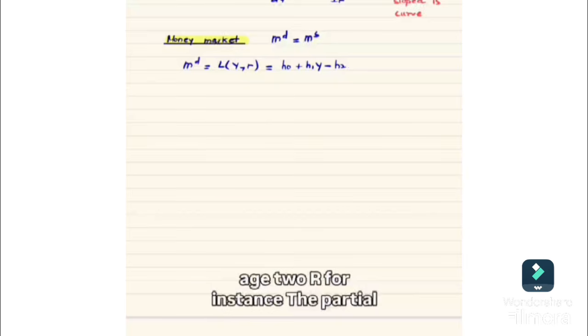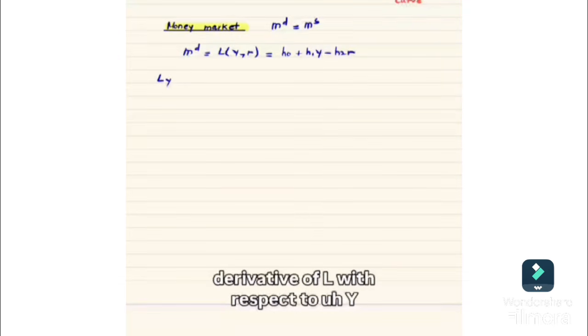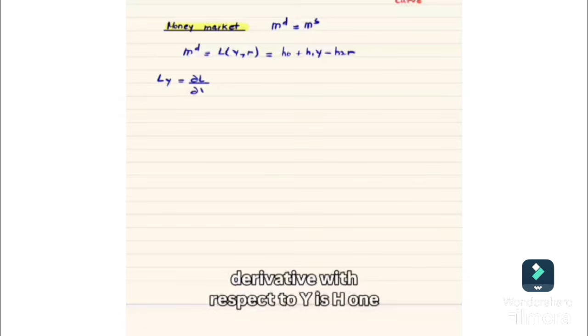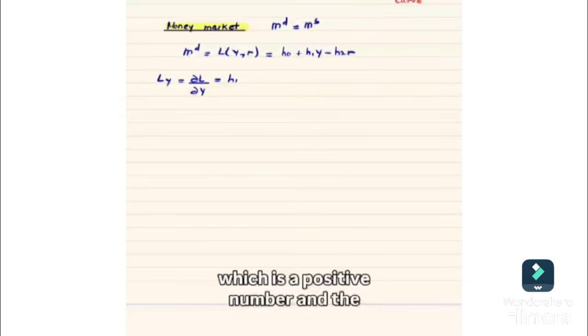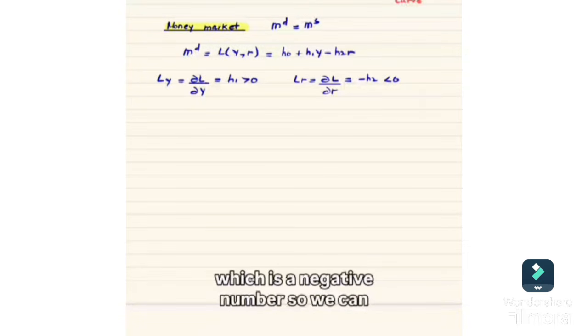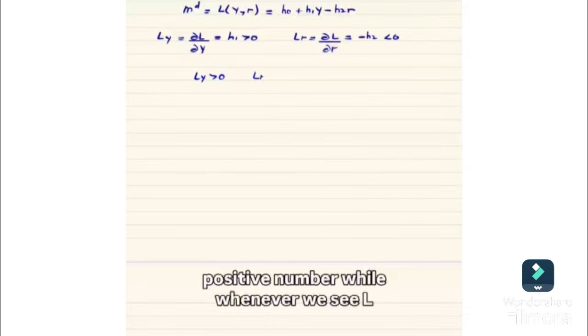The partial derivative of L with respect to y is h1, which is a positive number, and the partial derivative with respect to r is minus h2, which is a negative number. So we can conclude whenever we see the derivative of L with respect to y, we know it's a positive number, while whenever we see L_r, we know it's a negative number. Okay, moving on.